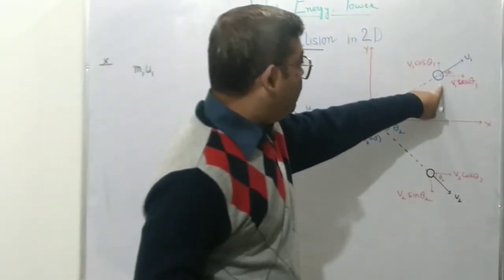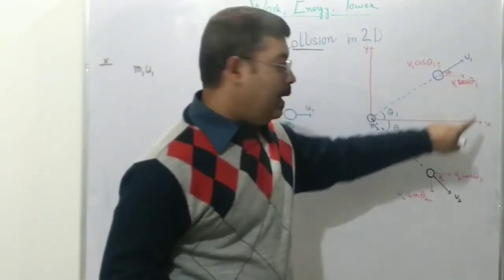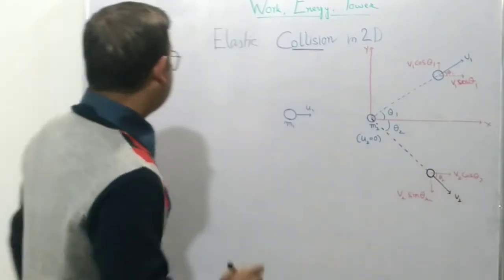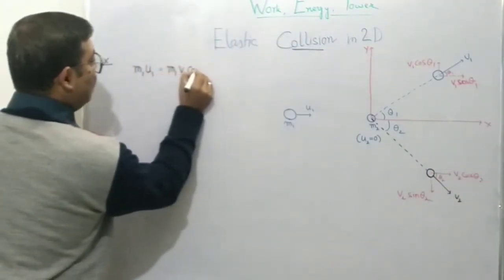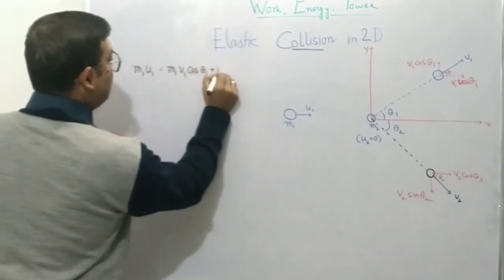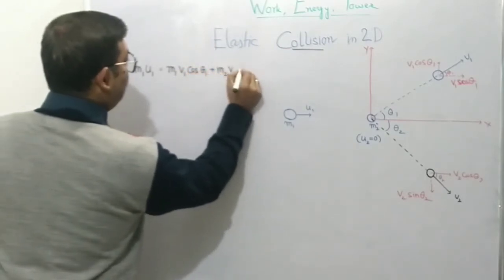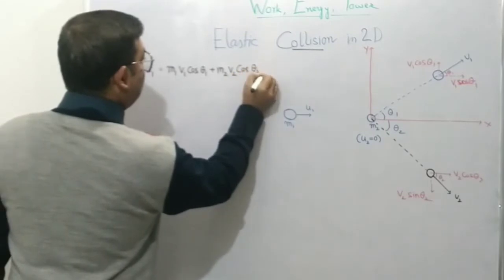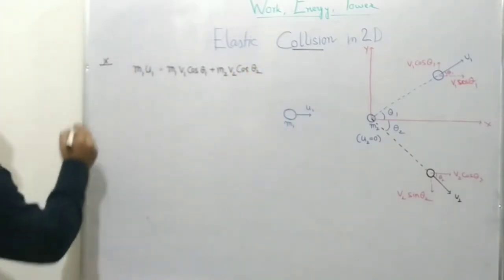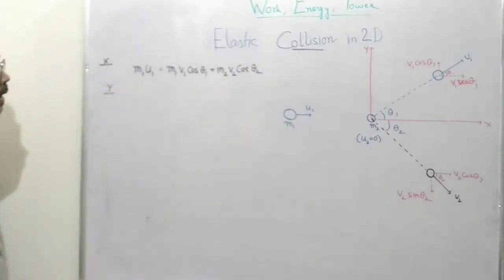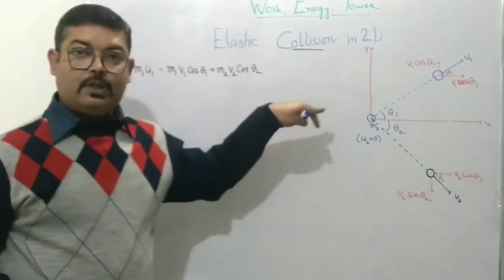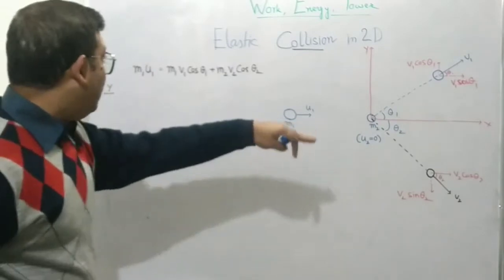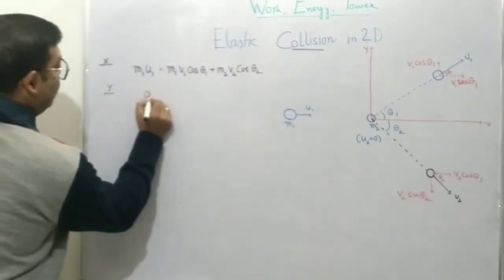The final momentum is the x component of momentum of m1 plus the x component of momentum of m2. So this is equal to m1 v1 cos theta 1 plus m2 v2 cos theta 2. Along the y-axis, since the second body was stationary and the first body was not moving along y at all, the initial momentum was 0.